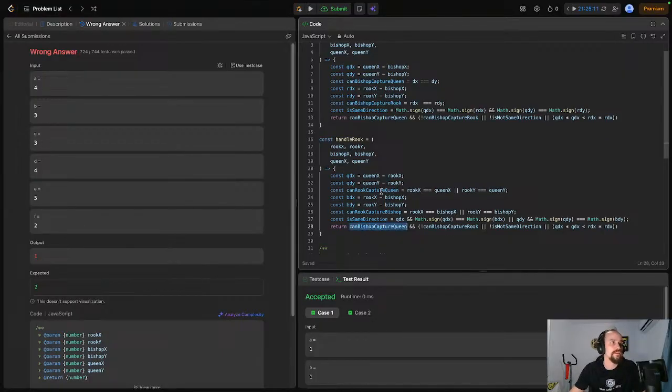So can rook capture queen? Can rook capture bishop? Is same direction. This time is a little bit more complicated. I guess we could technically get away with just doing a square. This is bdx, plus bdy.